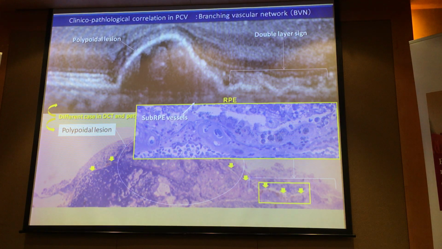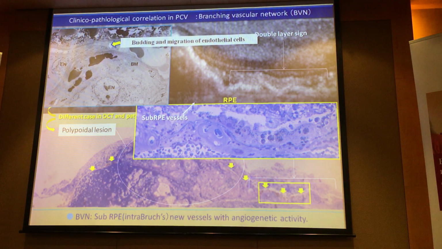They are a little bit sclerotic vessels under the RPE. But the interior of these vessels has budding and migration of the endothelial cells. So this BVN is a sub-RPE new vessel with angiogenetic activity.